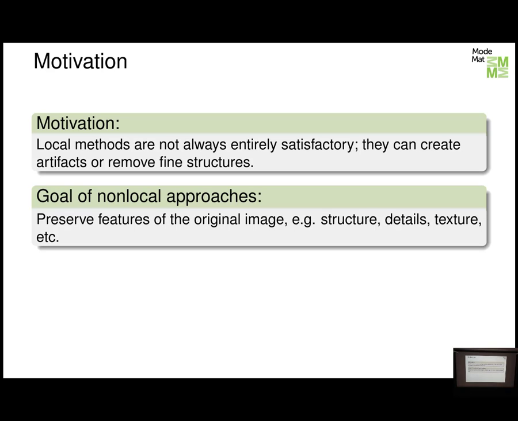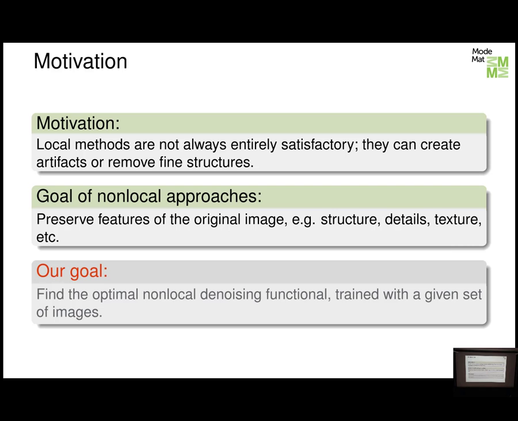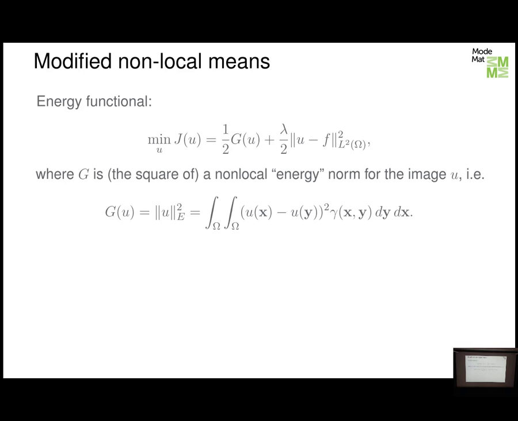And the goal is to preserve those details and textures. Our goal, in a very general setting, is to learn from a given training set of images which is the optimal non-local denoising functional we have to use for a given set of images. So in this context, we can formulate the lower level minimization problem in this way.